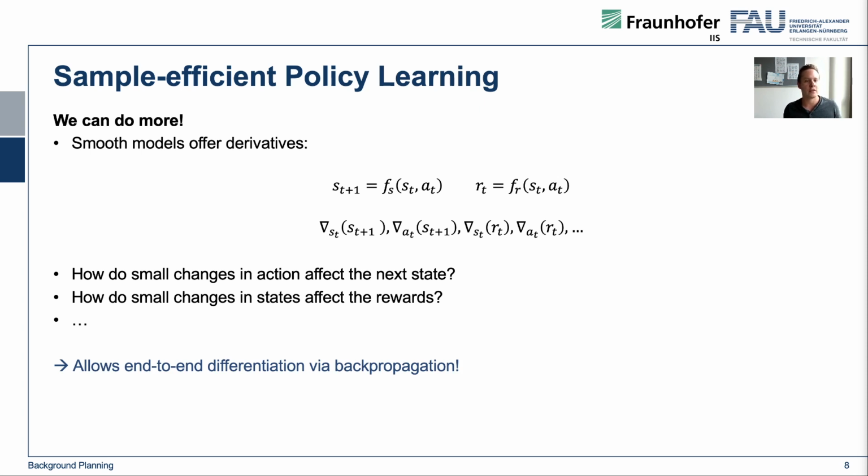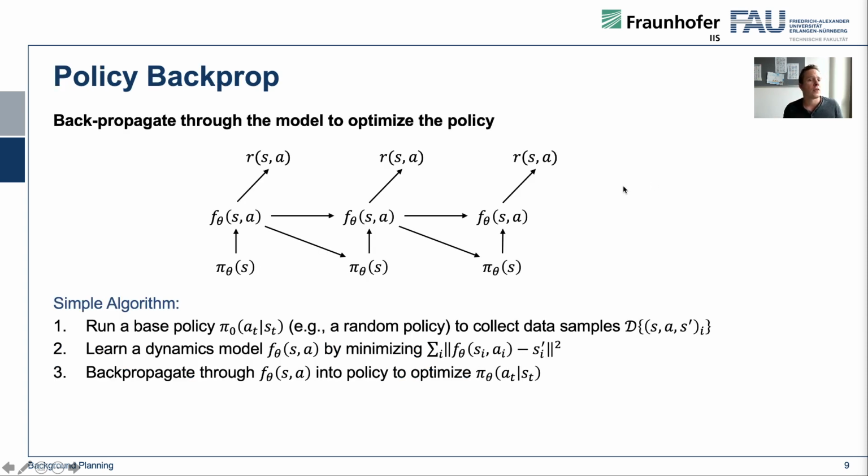do an end-to-end differentiation of our objective function via backpropagation. You can estimate all these gradients and partial derivatives using the chain rule, or you do it automatically via autodiff in PyTorch. So how could you do backprop on such a model? What you see here is that we build up a computation graph of what's happening if we do the model rollouts and run our policy.